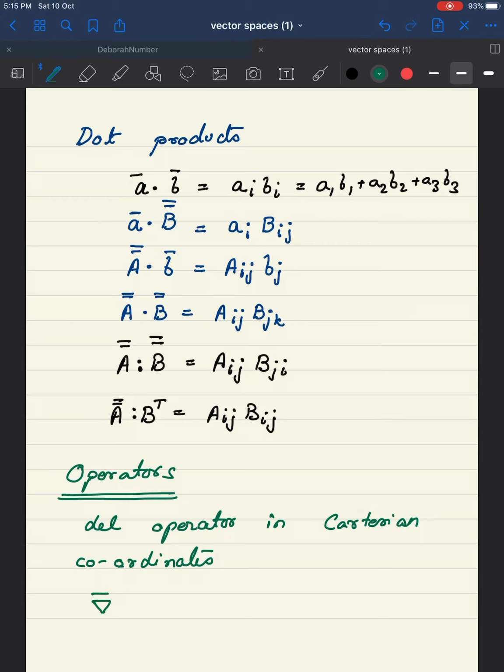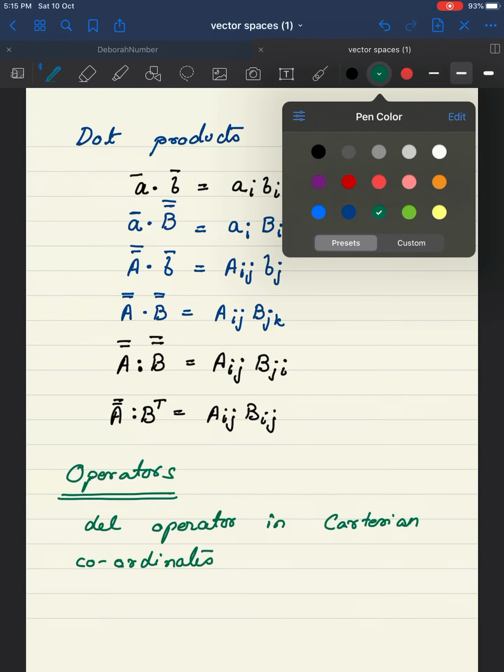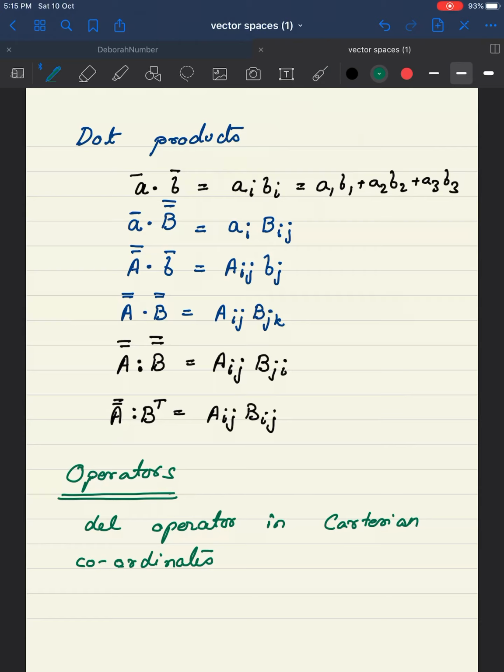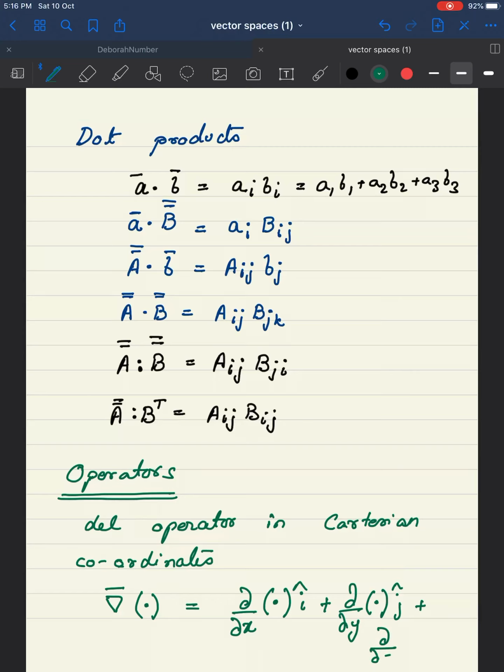Now, the del operator by itself has to operate on something, and we are not told what, but the operation is del x i hat plus del y of whatever we are operating on, j vector, plus del z of whatever we are operating on multiplied by the k vector, where i hat is the unit vector in the x direction.